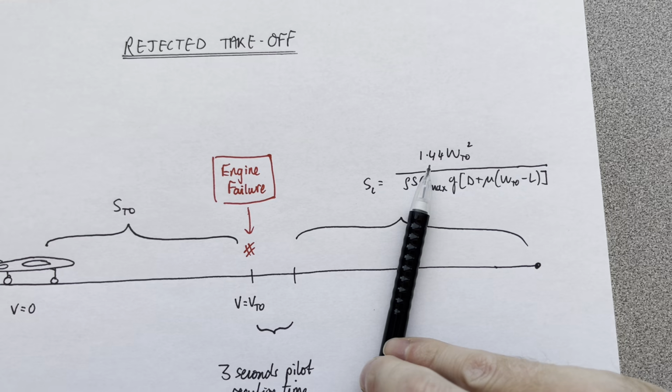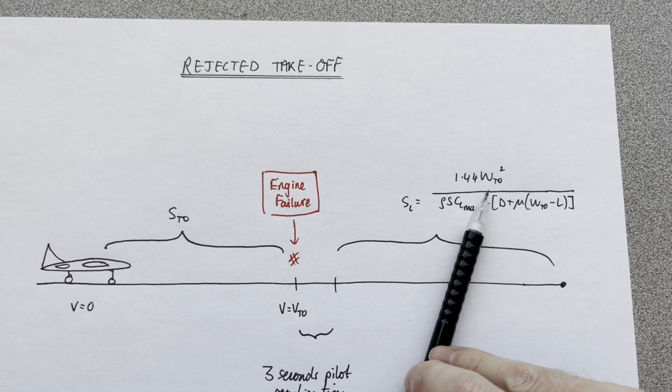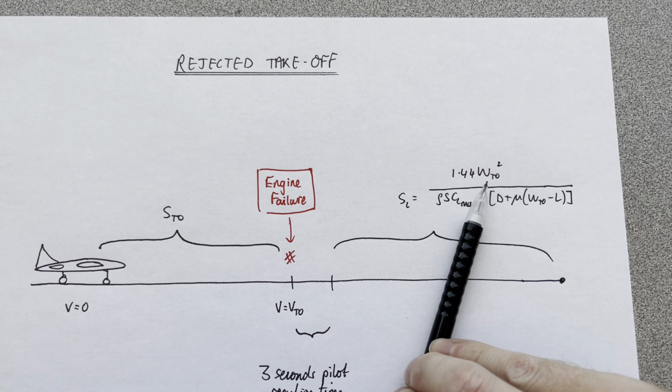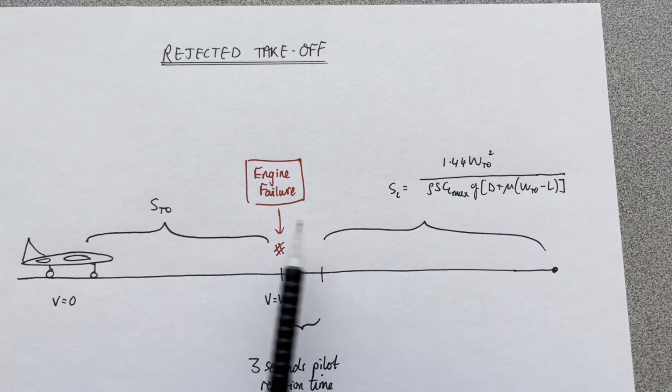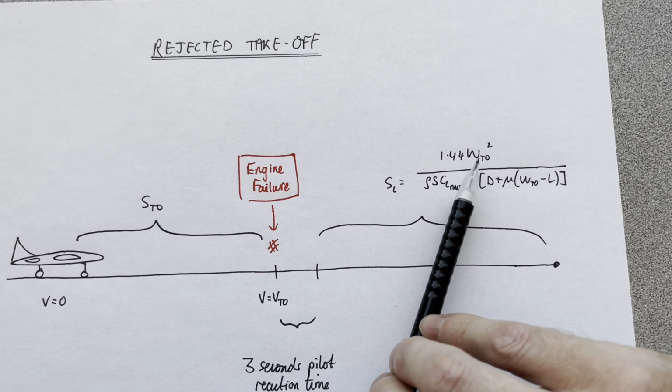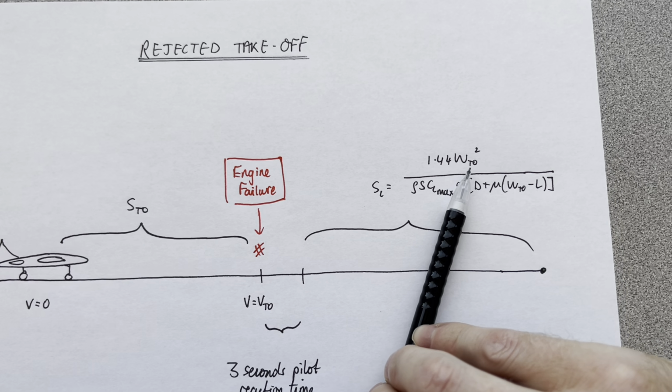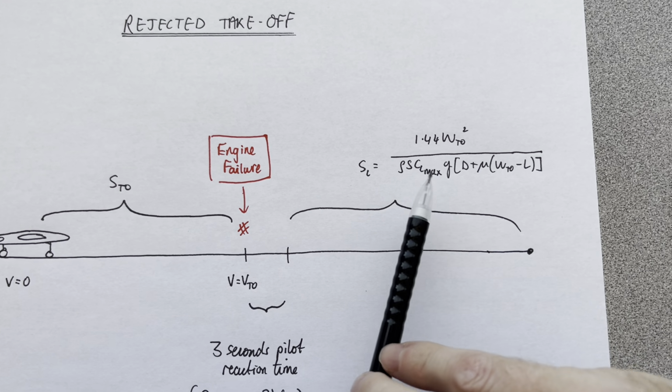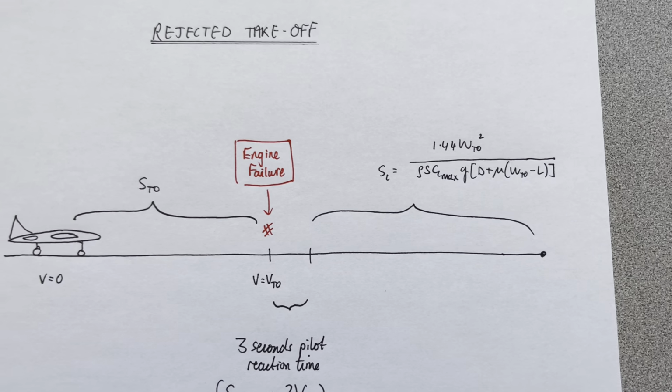So that goes there. And then because we've burnt an insignificant amount of fuel, we're assuming that our landing weight is the same as our takeoff weight, so replace that into there. Everything else in the denominator is the same.